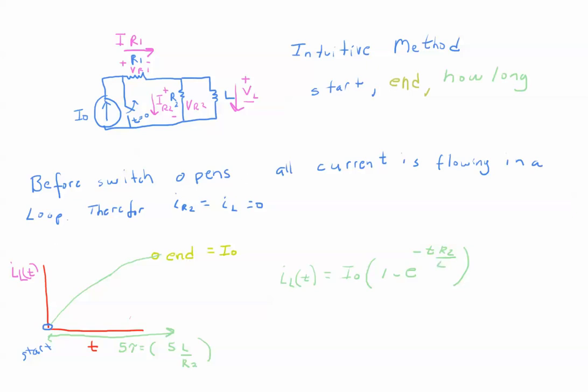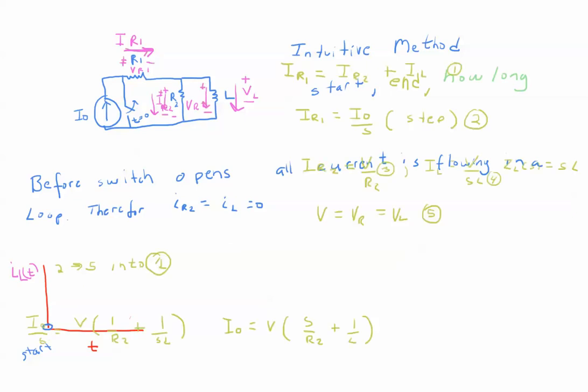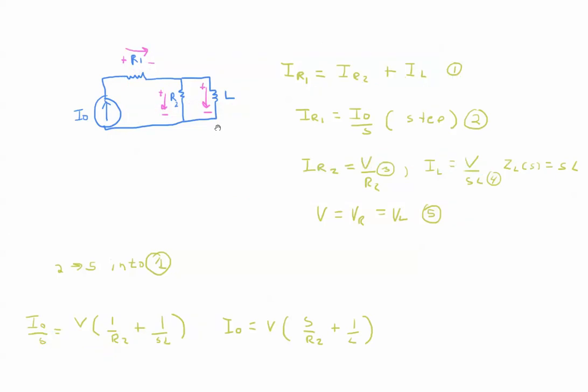Now, for those of you who would like a more formal way of doing it: we have our currents, we have our voltage drops, and we have equation 1, where the current through the resistor R1 equals the sum of these two currents. Then we say the R1 current is I naught divided by S, because we're going to use the Laplace method.